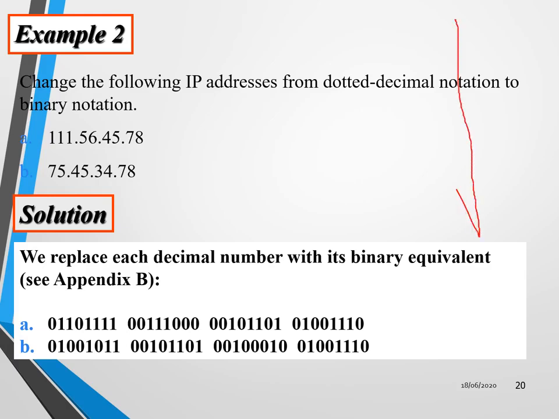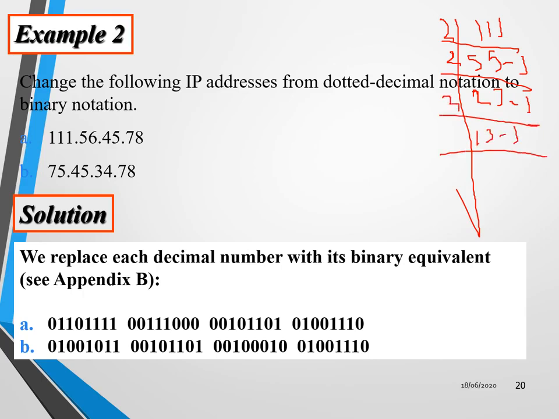We divide by 2: 2 fives are 10 and 2 fives are 10, and you get 1 as remainder. Then 2 twos are 4, 2 twos are 4, 2 sevens are 14 and 1, 2 ones are 2, 2 threes are 6 and 1, 2 sixes are 12, 1, 2 threes are 6 and 0, 2 ones are 2 and 1.